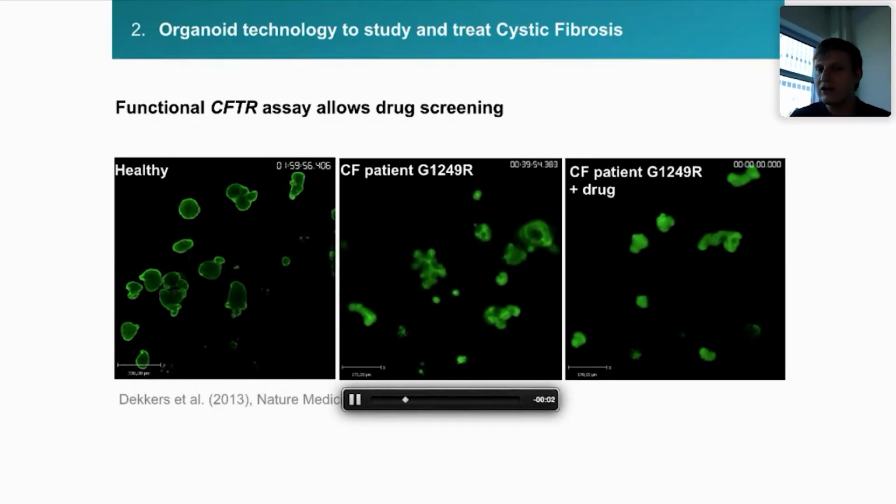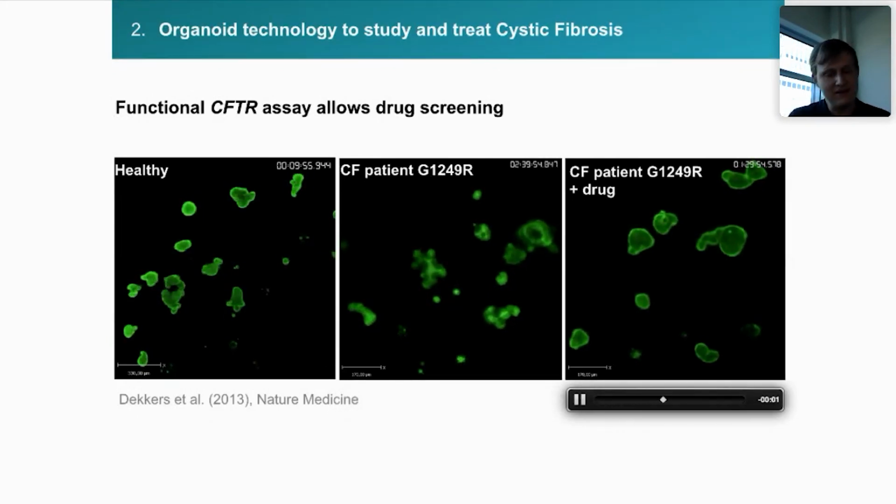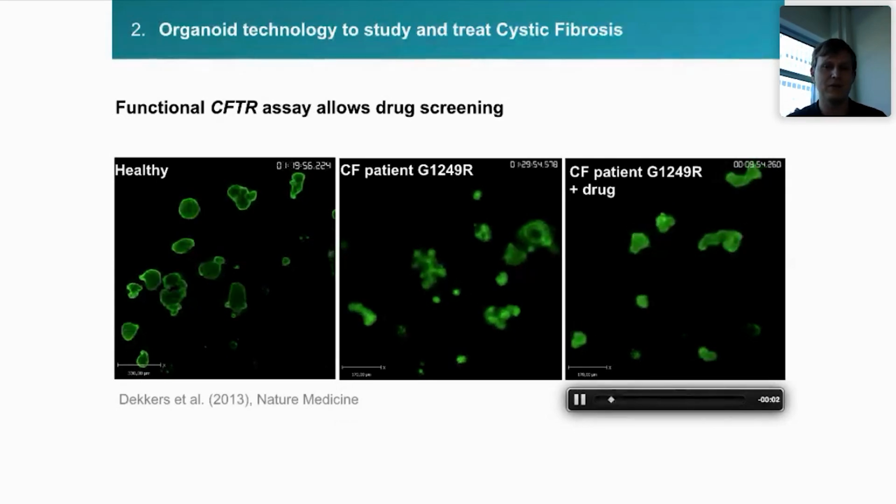Having this assay at hand and being able to score it so efficiently, we could test drugs on those organoids. One drug showed a very strong response in the same patient. And this set of experiments, which is only the basis for the most critical experiment of this whole data set, was enough to advise therapy for this young man.